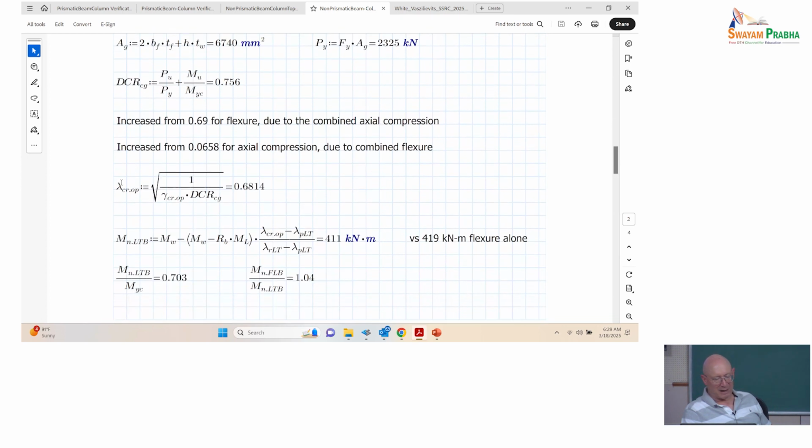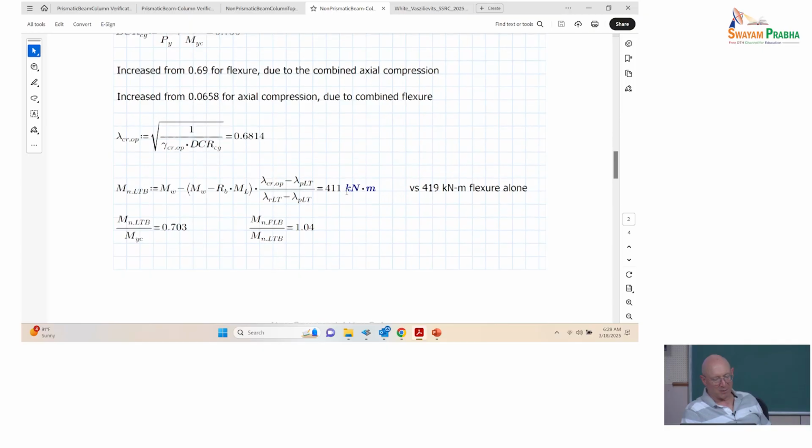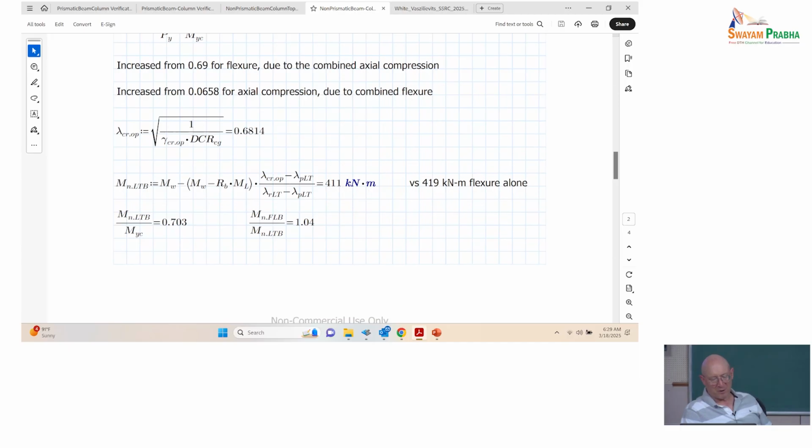We calculate our non-dimensional slenderness for the out-of-plane buckling. And now we're ready to calculate our moment resistance, where we're using the non-dimensional slenderness that accounts for the combined loading effects. So we got 411. It was 419 when we did flexure alone.